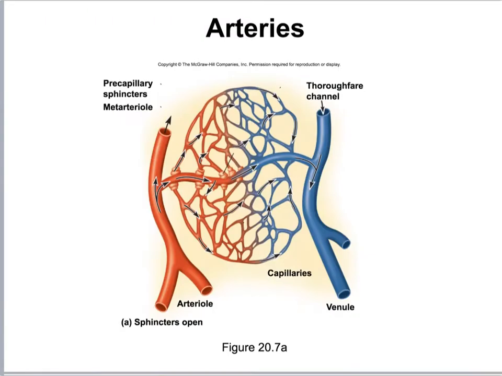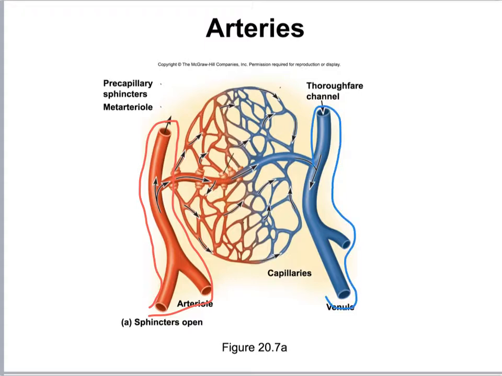And to sort of show you here, all right, this is an arteriole. This is your venule. And this that's in between is your meta-arteriole.